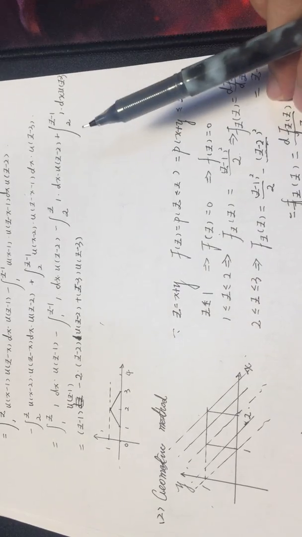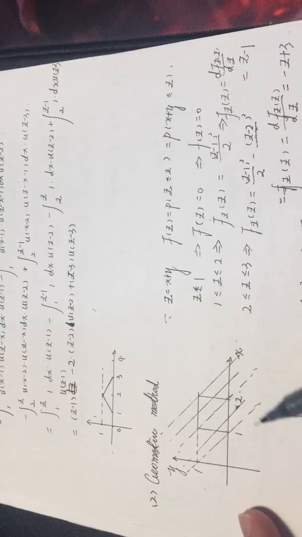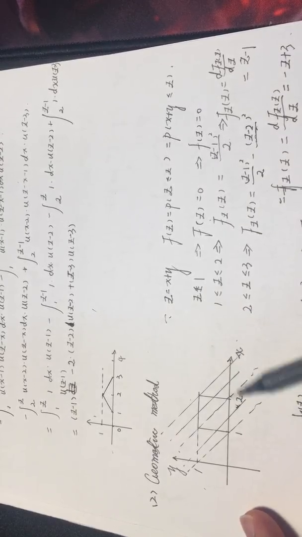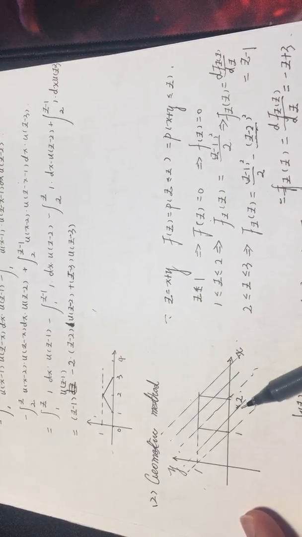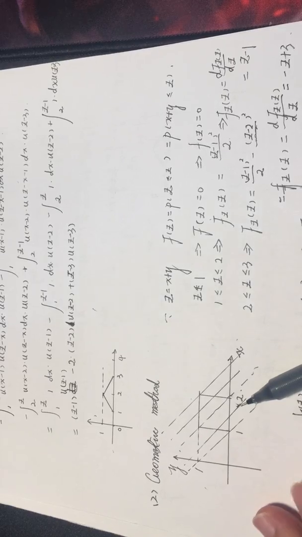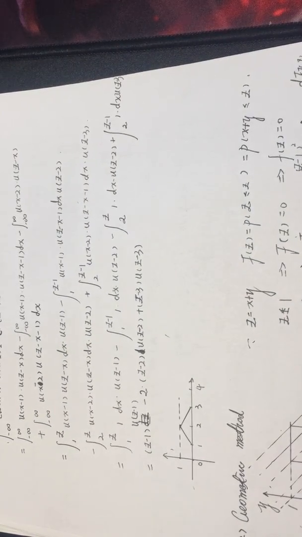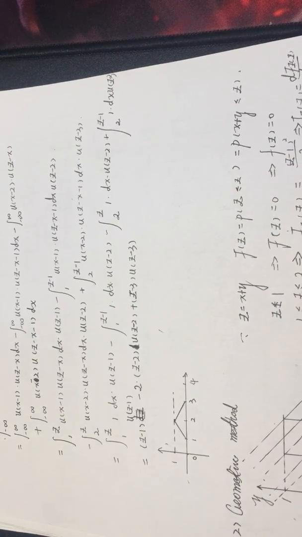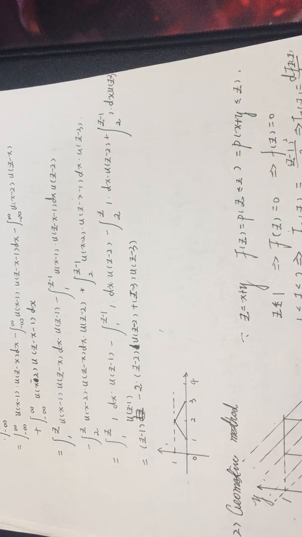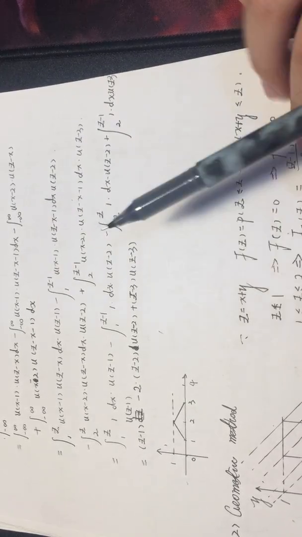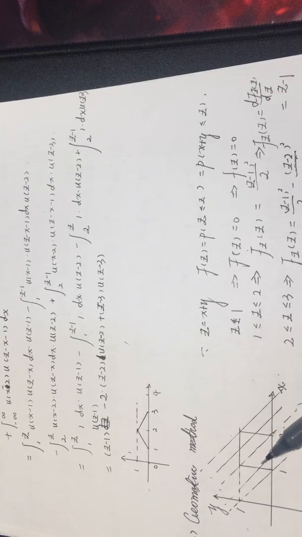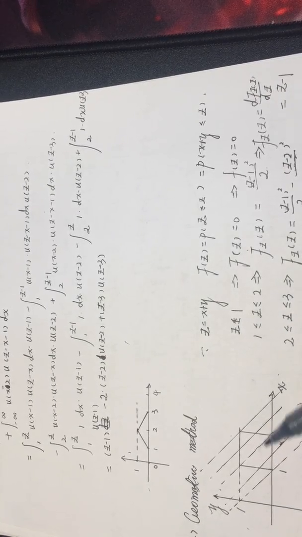We can plot these two functions on the xy axis. We know that x should be between 1 and 2, and y between 0 and 1. It's just a square.